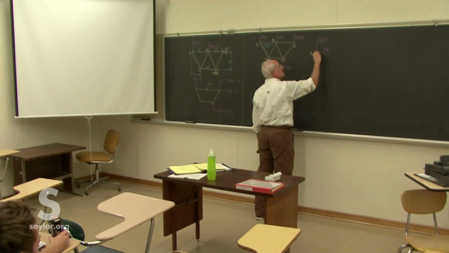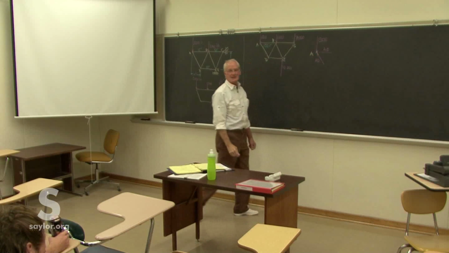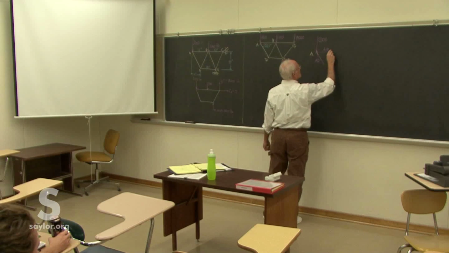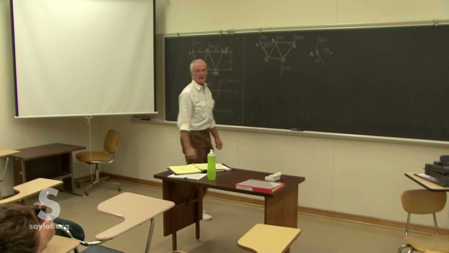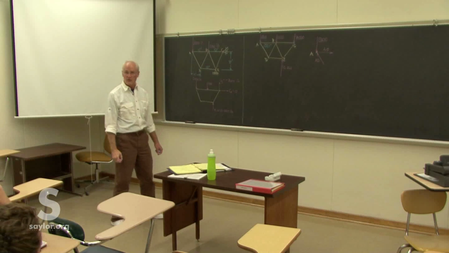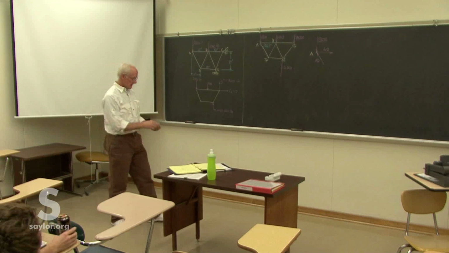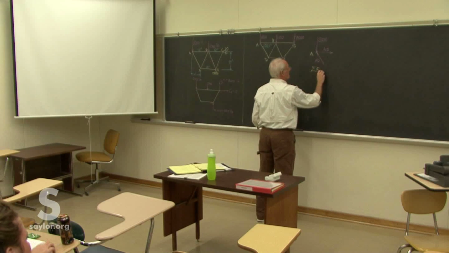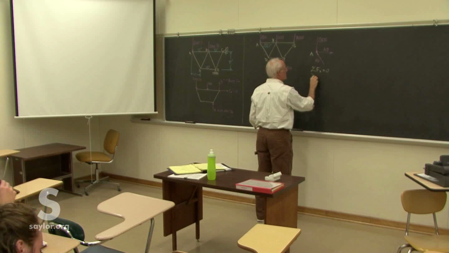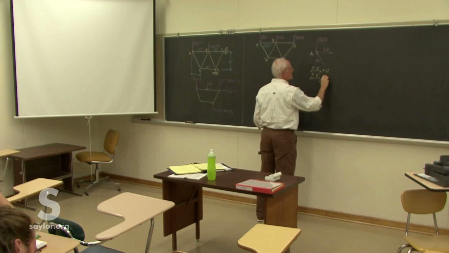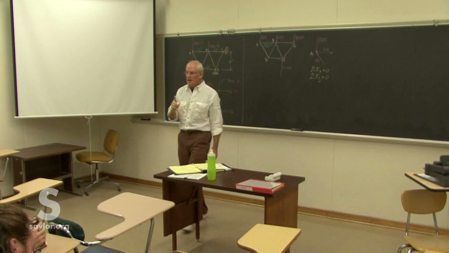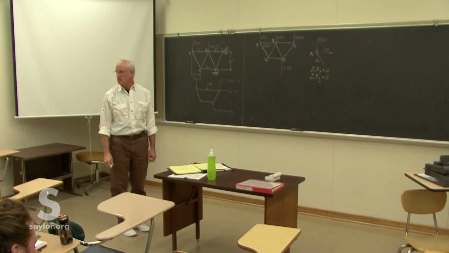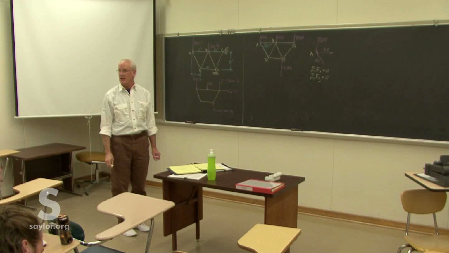That's the only place I'm going to get some up force, so I know it's got to go that way. And AB is going away. And then that tells me AB has to be going like that. And so now I can solve for those by simply summing the forces in the X direction, summing the forces in the Y direction. We're lucky. We have two unknowns, there are two equations, we should be able to solve the problem, at least solve that joint.